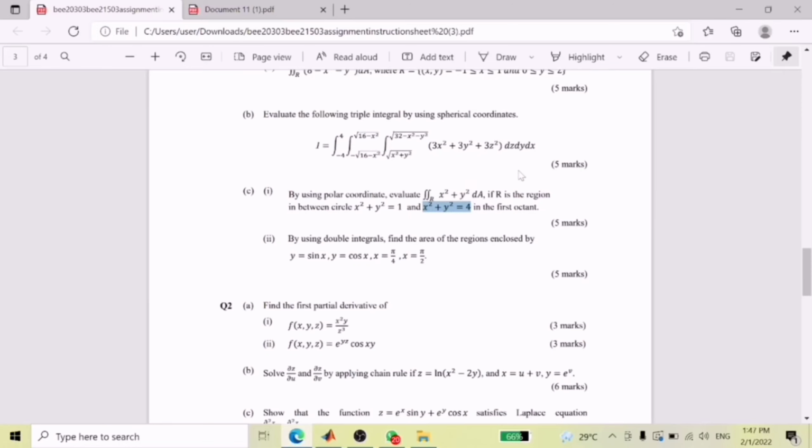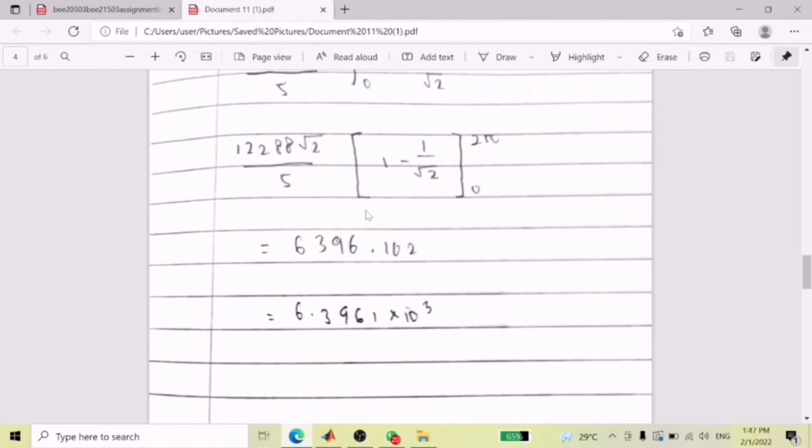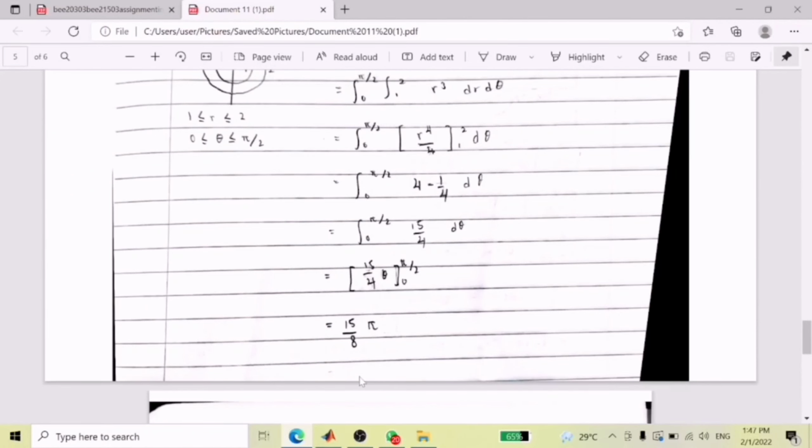We just write it in our MATLAB. This is what we get. This is the answer for this question. We check in our manual calculation.